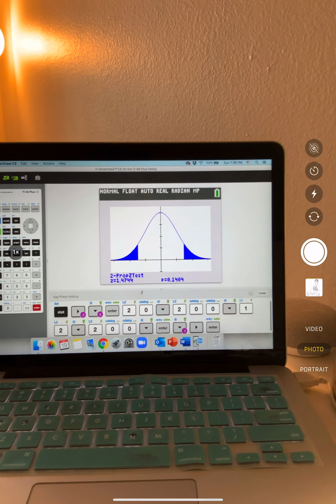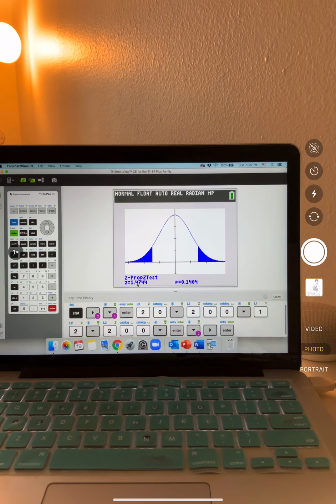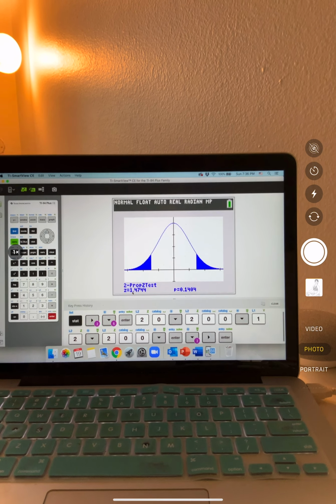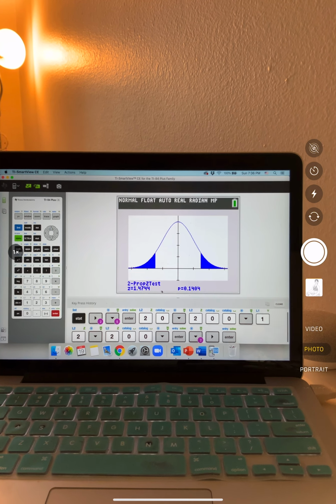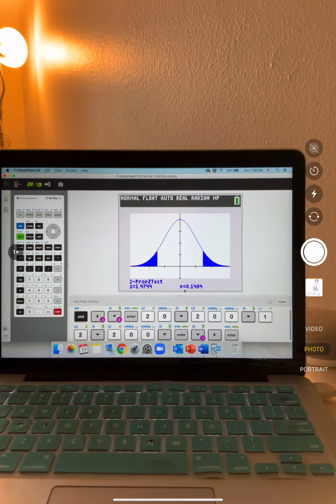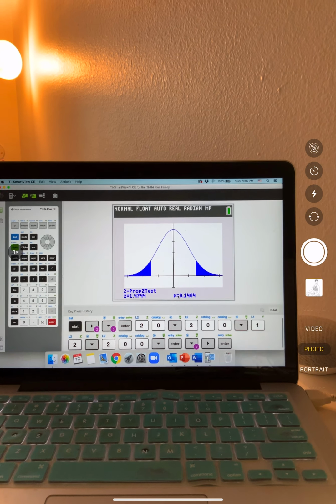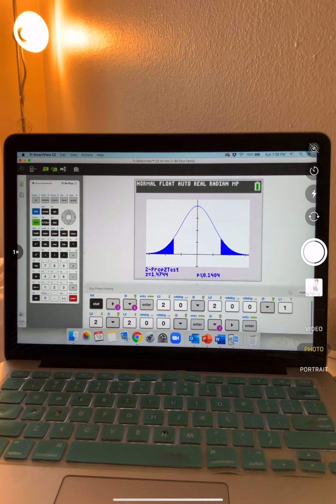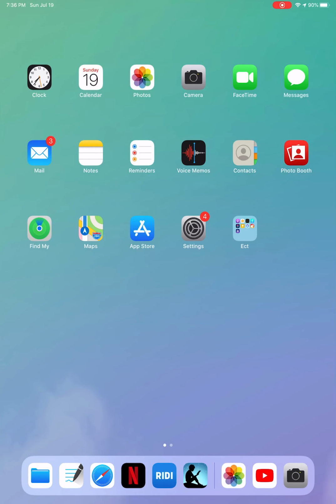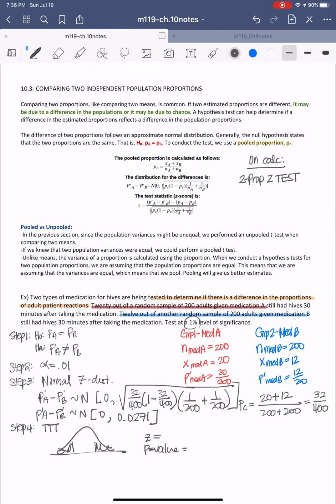So you see the double tail with z-score 1.4744, p-value 0.1404. So z-value 1.4744, p-value 0.1404.